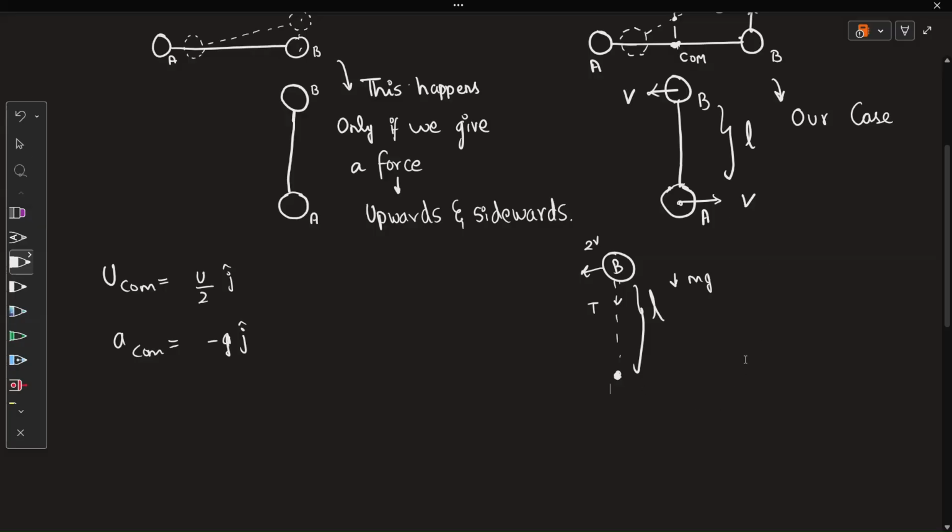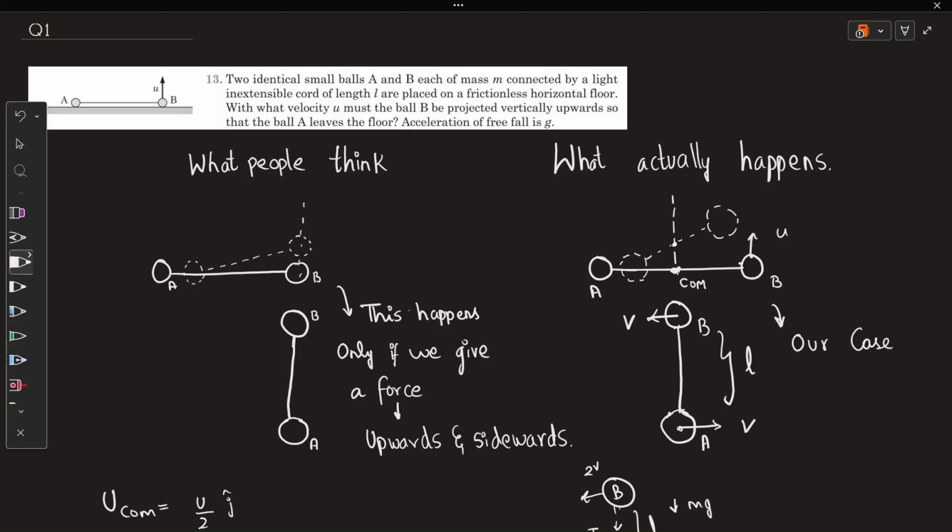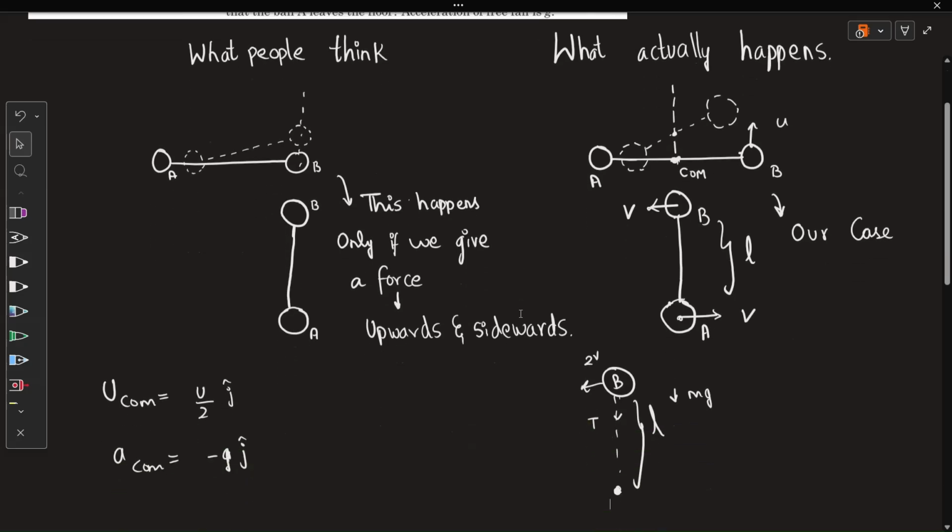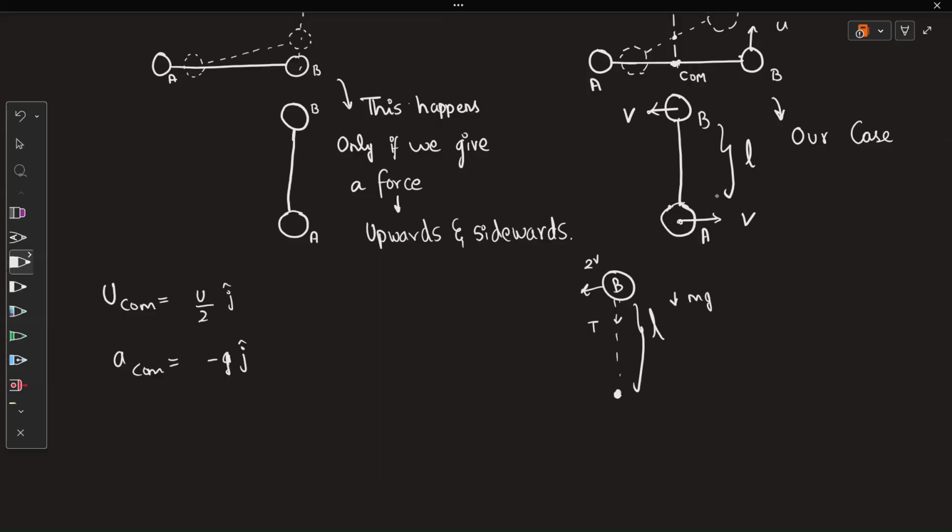Now, if you see the question, what they have given is that ball A leaves the floor. When ball A leaves the floor, the tension over here should be equal to the weight of ball A. So T is also mg.